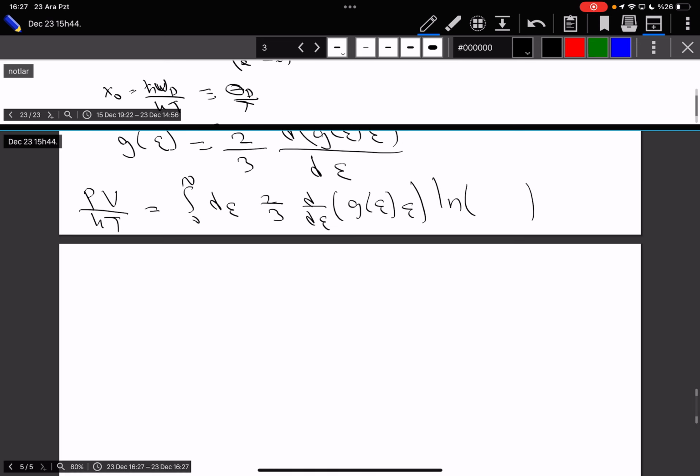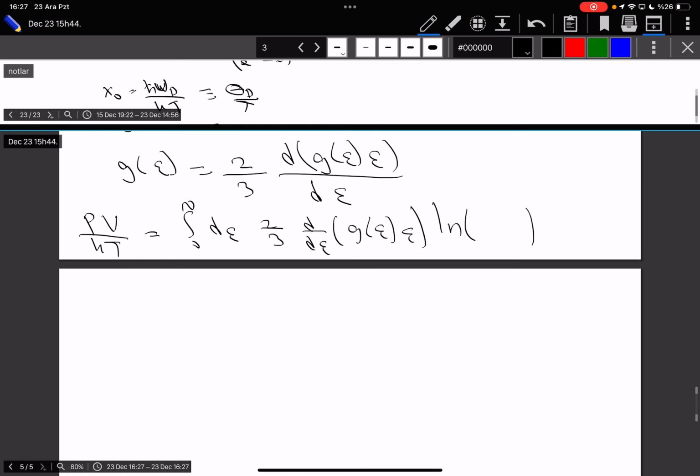Now if we do integration by parts, the boundary terms will not contribute.